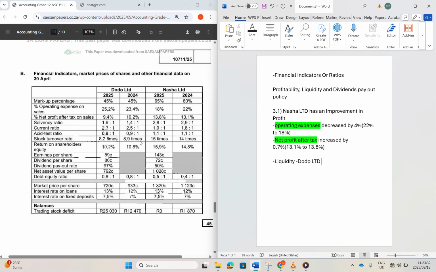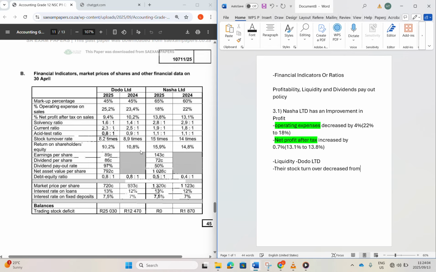It means how often did they change their stock? They changed 9.8 times, but this year 8.9 times, and then only 8.2 times, meaning their stock turnover rate decreased.